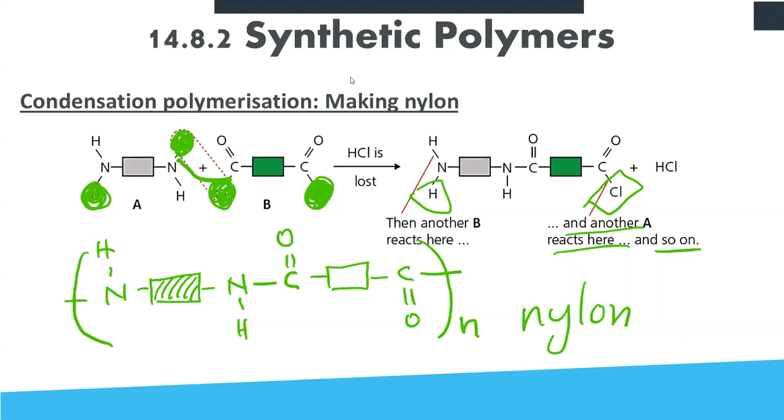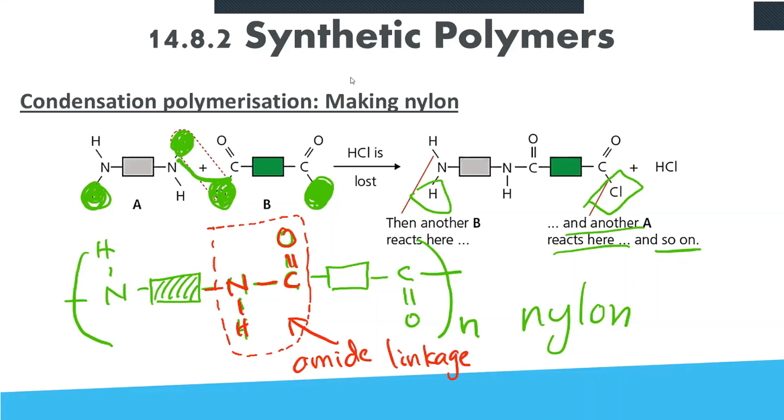After combining, there's another key point that you must know: this part, the NHC double bond O, is called the amide linkage, sometimes also called the peptide linkage. I think you have come across peptide in biology when you talk about protein. Do you remember?